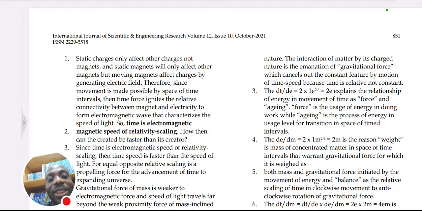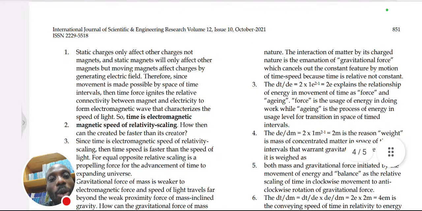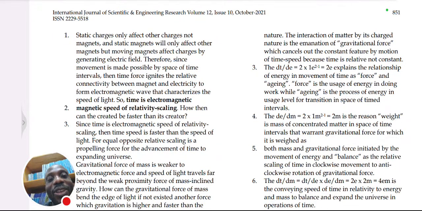Therefore, since movement is made possible by space of time intervals, then time force ignites the relative connectivity between magnets and electricity to form the electromagnetic wave that characterizes the speed of light.